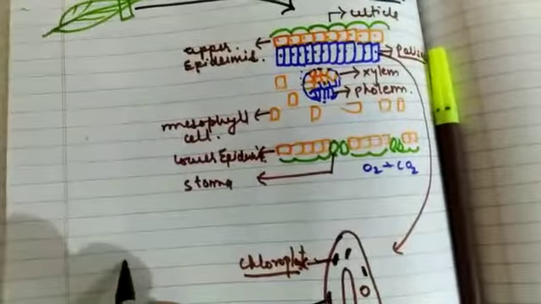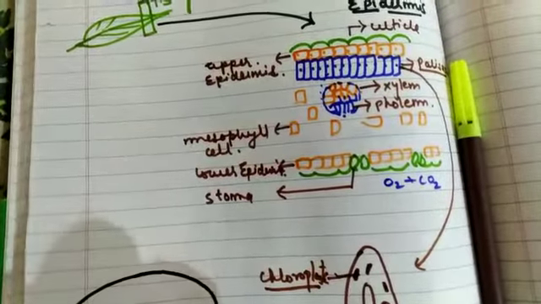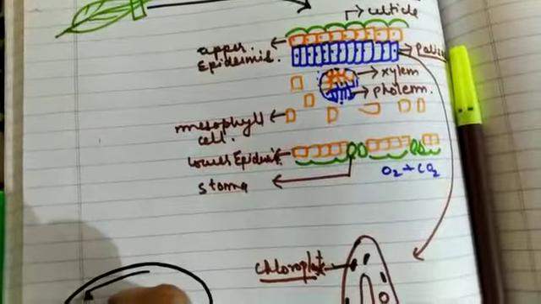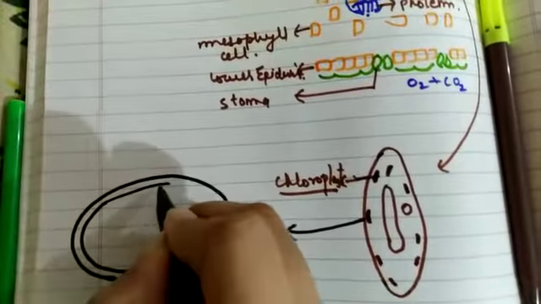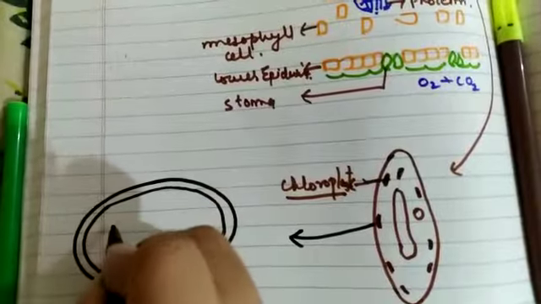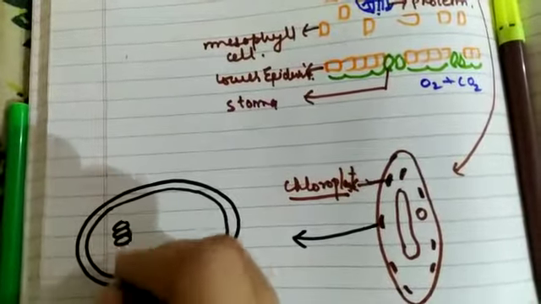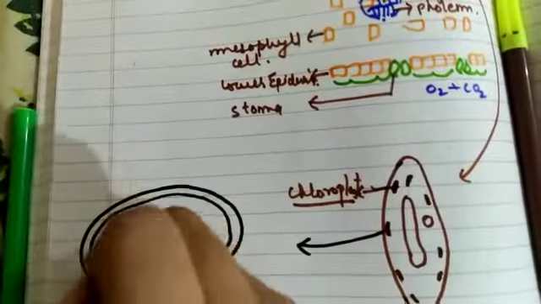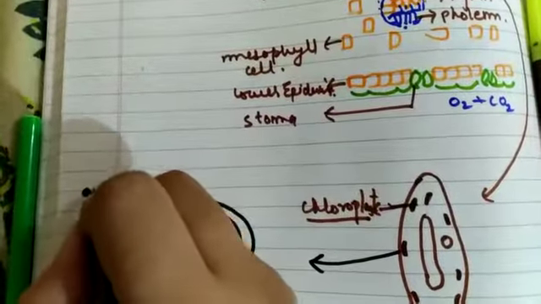Look, I can show the diagram of the chloroplast. The chloroplast consists of two membranes, the outer membrane and the inner membrane, and inside this there are pile-like structures. These piles are just like putting one coin over the other. This pile-like structure is known as granum.